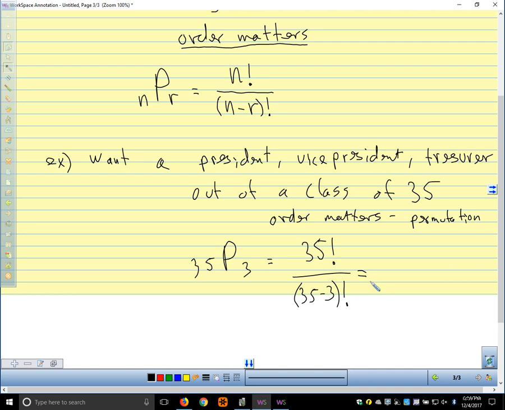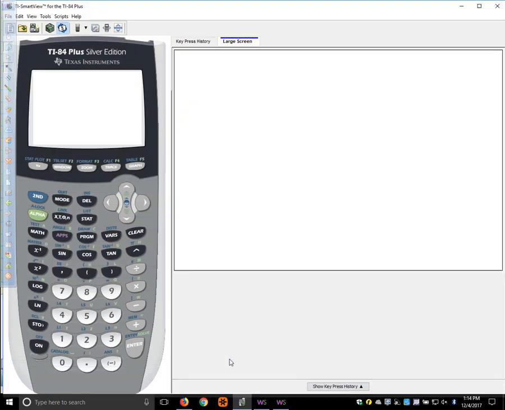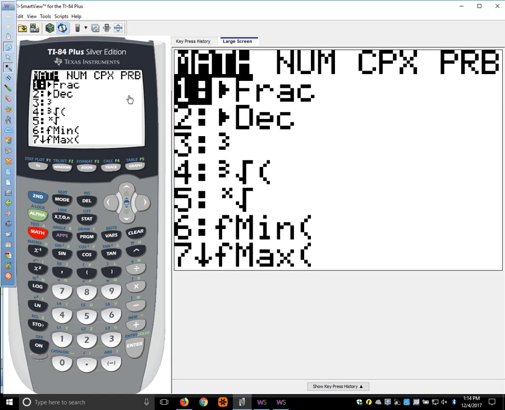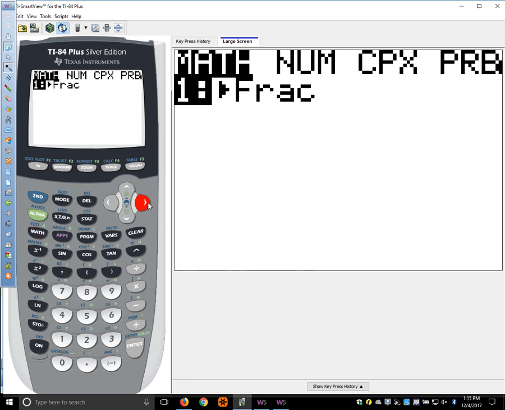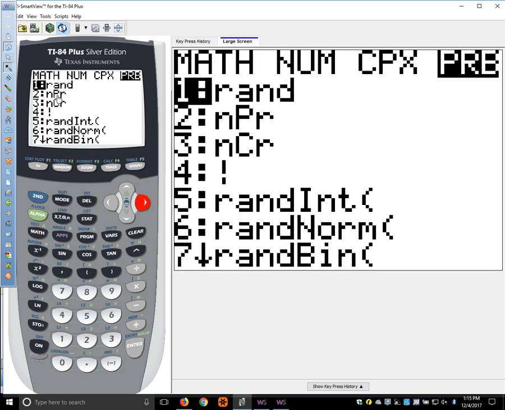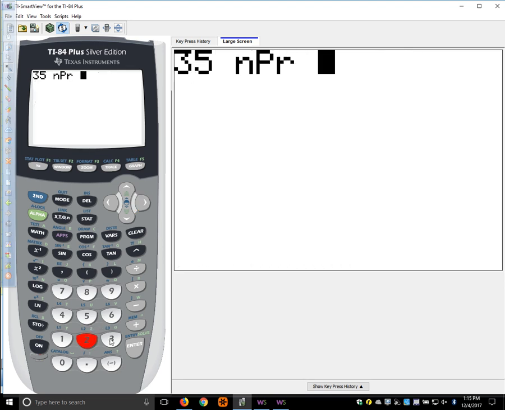So let me show you in your calculator how we can calculate permutations. I'm going to do 35. I'm going to go to math just like I did for the binomial coefficient. Arrow over to probability. NPR, the permutation, is number 2. So I'm going to do number 2. And we're picking 3 things. And that is 39,270.